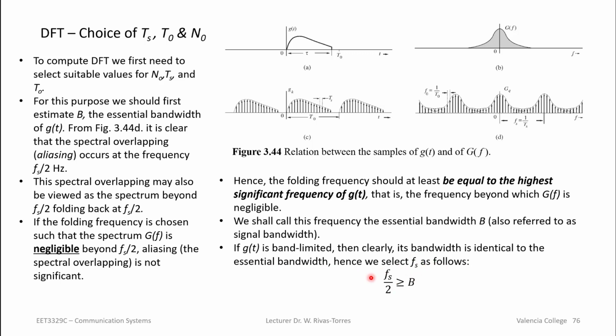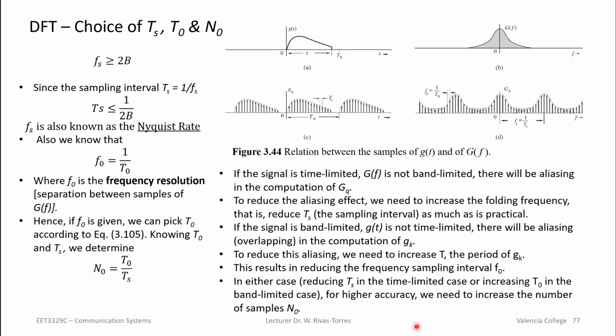Hence Fs over 2 has to be greater than the bandwidth, which is the same as saying that Fs has to be greater than 2 times B. And since the sampling time is 1 over Fs, that also means that Ts has to be less than or equal to 1 over 2 times the essential bandwidth.